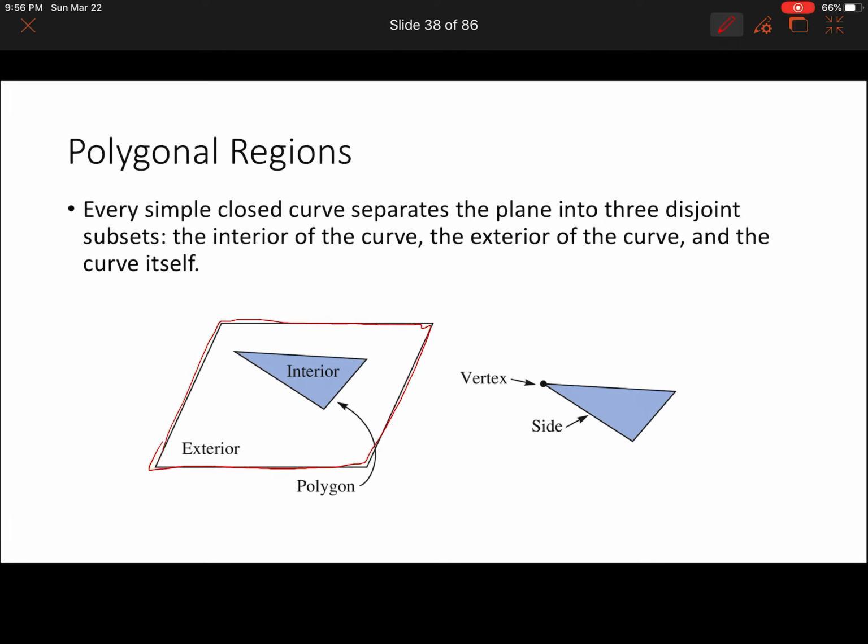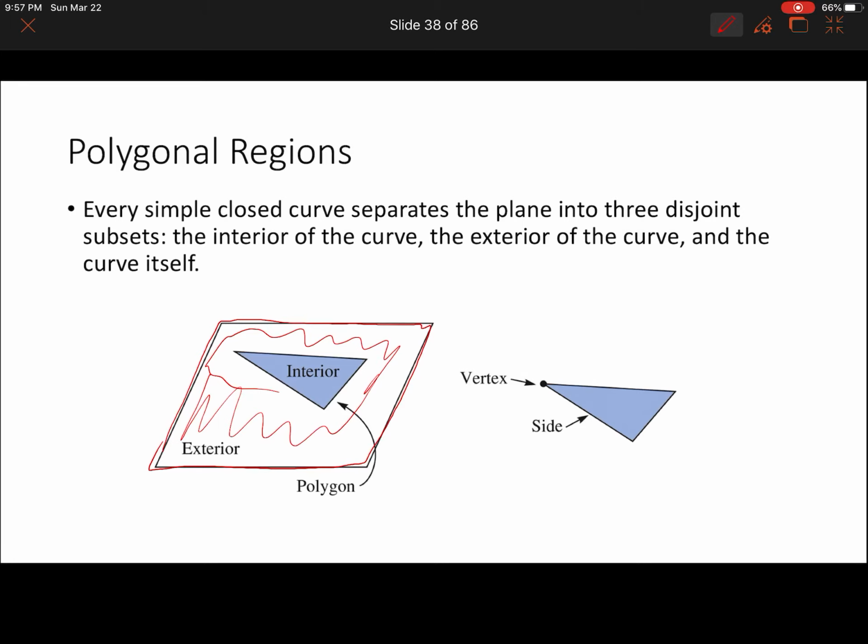There's the exterior of that, which is all the stuff that's out here. All of this stuff is considered the exterior in that plane. Then you have the interior, the stuff that's on the inside of that polygon. And then you have the actual polygon itself. And so there are three parts here. We may talk about things that are inside.